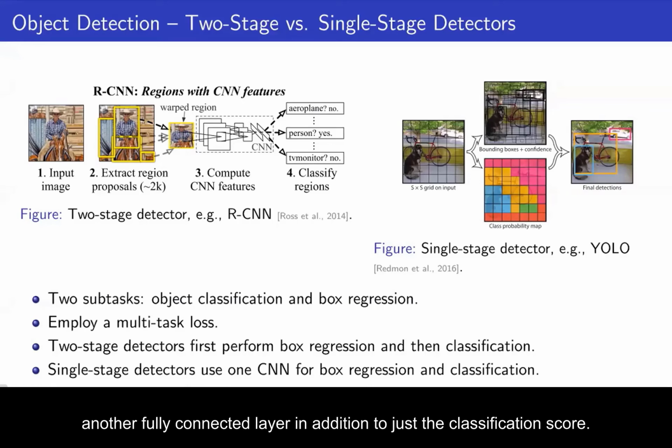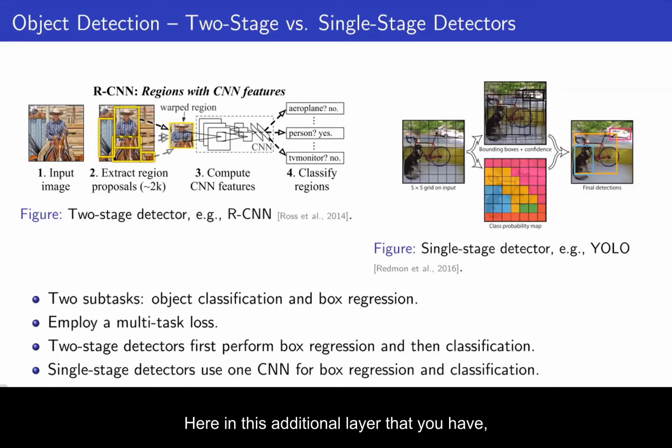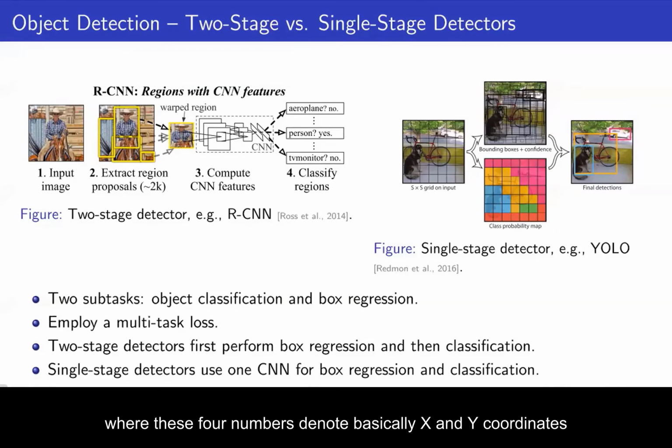But the additional thing now is that we also have another fully connected layer in addition to the classification score. This additional layer gives you 4 numbers as the output, where these 4 numbers denote the x and y coordinates and the height and width of the bounding boxes that we would like to have.